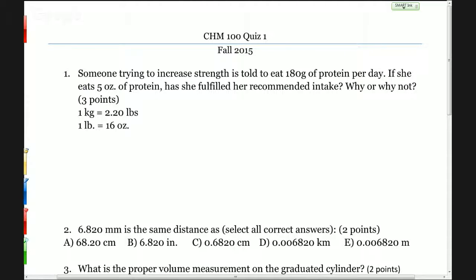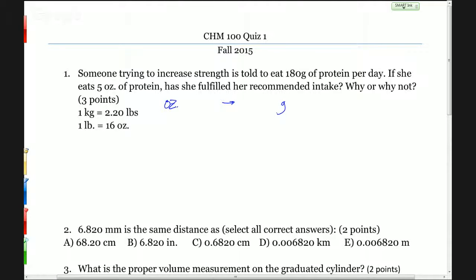So 5 ounces. Now ounces to grams, it would be nice if we just had a number that told us so many ounces equals so many grams. Then we could just do that quick conversion and we'd be done. But sometimes you don't have that number. And in this case, we didn't. So we have to figure out how we're going to get from ounces all the way to grams.